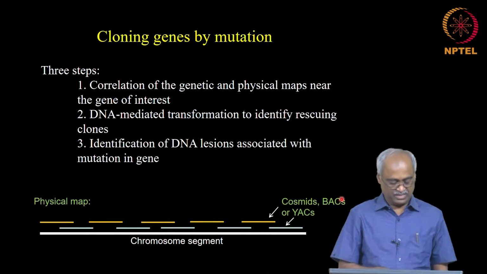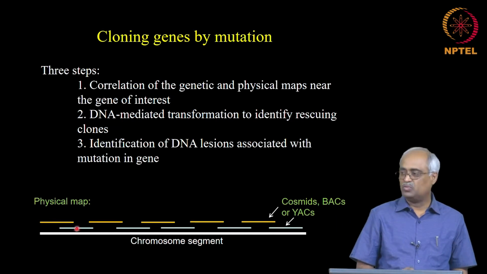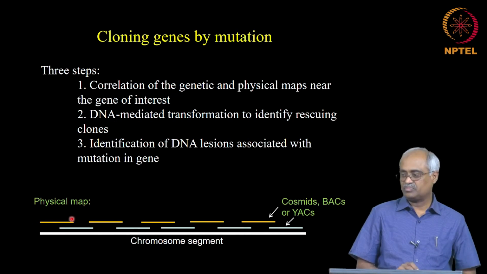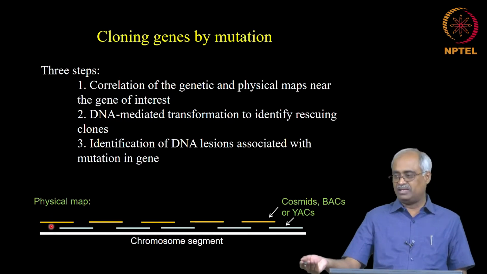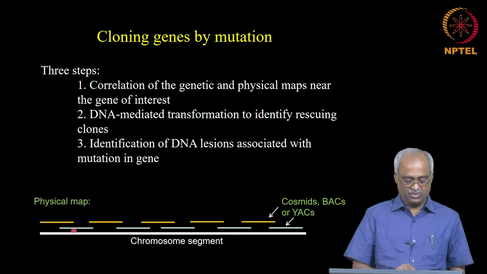For example, here if you take the first orange one and that light blue one, now randomly let us say I picked this and in that insert I took the two ends. Let us say I took this end, I made a radio labeled probe and screened that cosmid library again, and then I find a new one, and then I go and take the other end of that one.